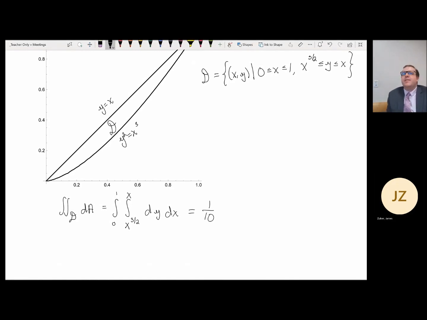I leave it to you to verify that that will give you 1/10. We will look at more general region integrals on Thursday.